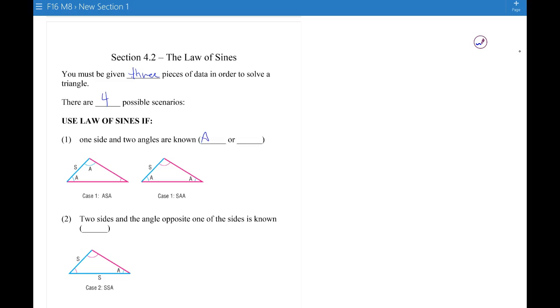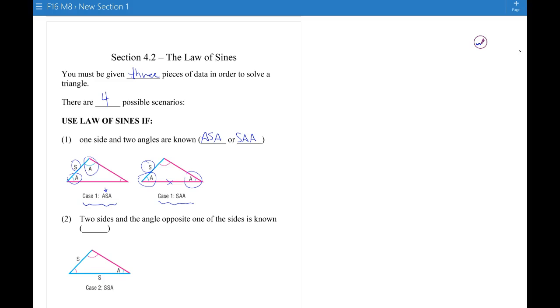So the 2 different arrangements are ASA or SAA. So those are illustrated here. Here's ASA, where you know the side in between the 2 angles, so that's the name that's given to that triangle. Then you have the SAA case where you know 2 angles, but you don't know the side that's in between them. You know one of the other sides.